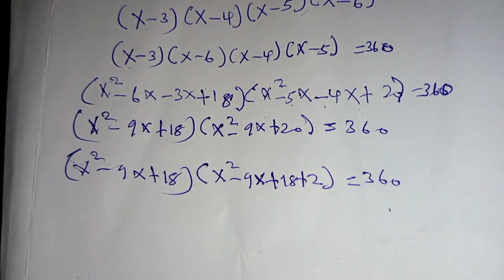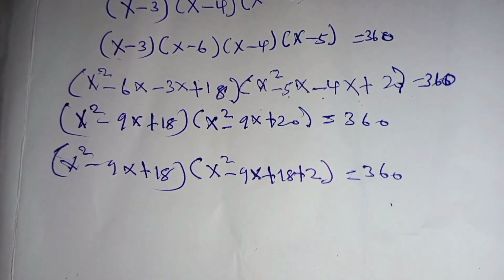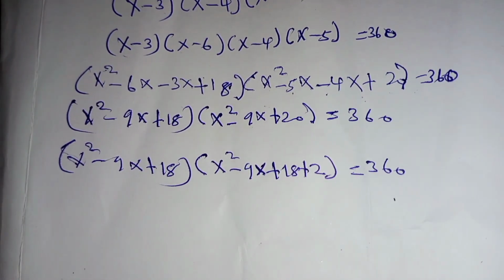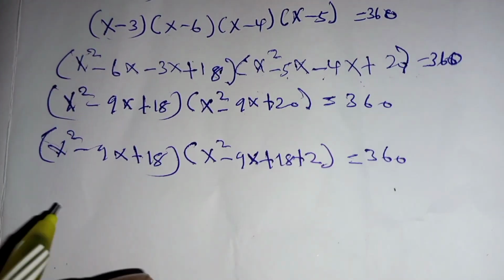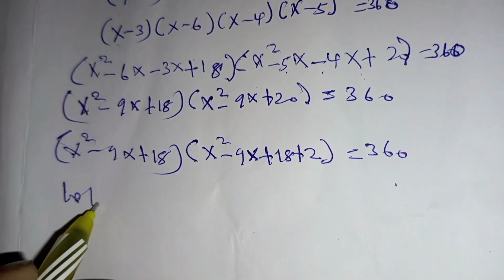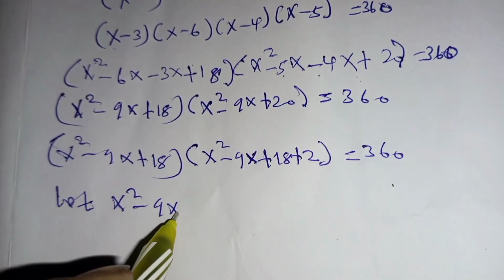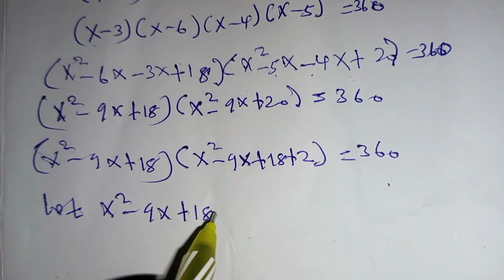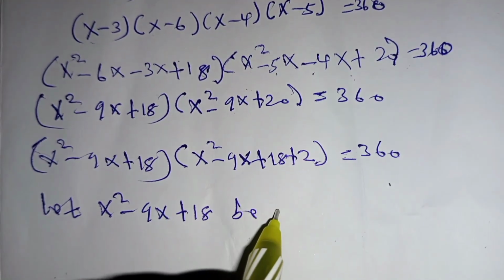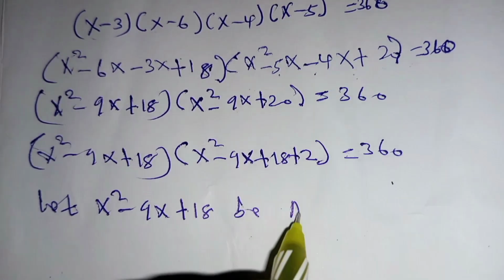Now 20 is the same as 18 plus 2. At this juncture, we let x squared minus 9x plus 18 be n.